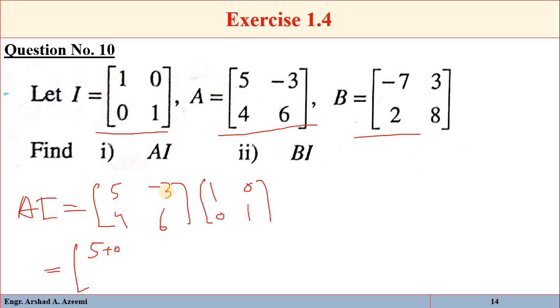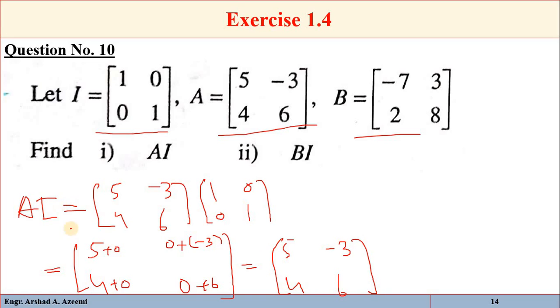Now first row with second column, 5 multiplied by 0 is 0, plus minus 3 multiplied by 1 is minus 3. Now second row with first column, 4 plus 0, second row with second column, 0 plus 6. Now you get 5 minus 3 4 and 6.